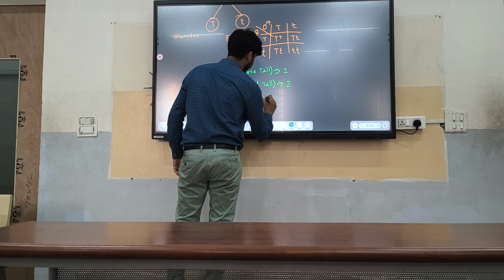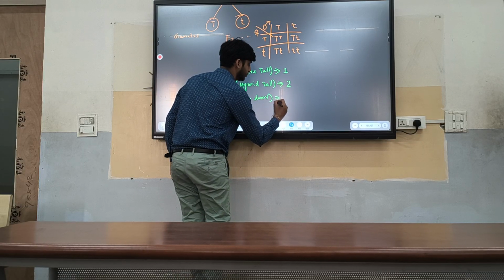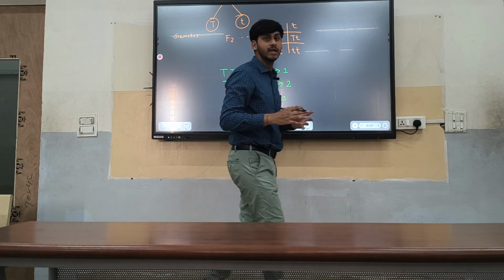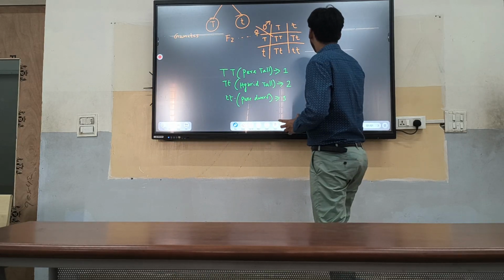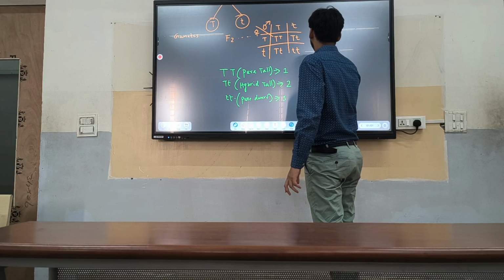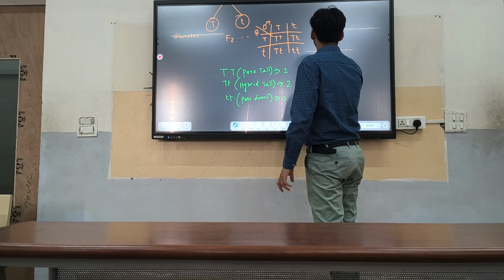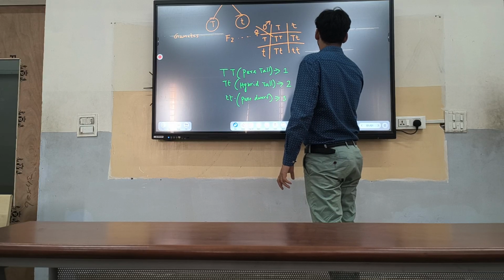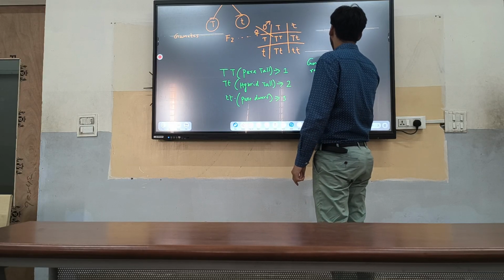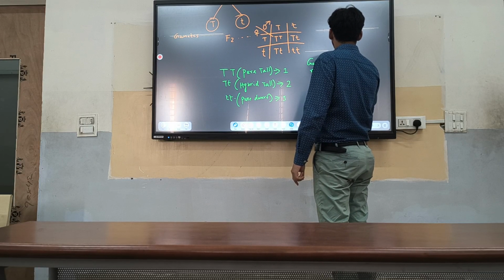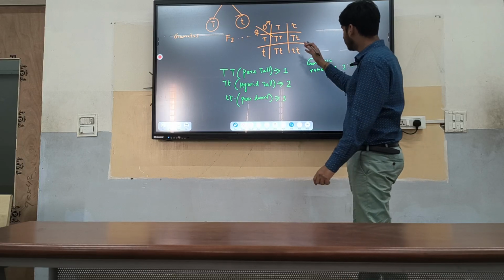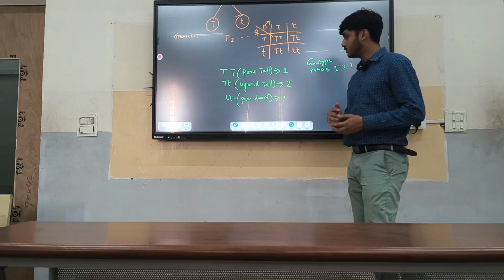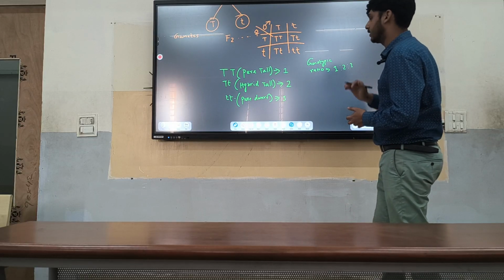How many pure dwarf are there? It is equal to 1. So the genotypic ratio in monohybrid cross will be what? It is 1:2:1. Okay. As because capital T is 1, capital T small t is 2, and small t is 1.